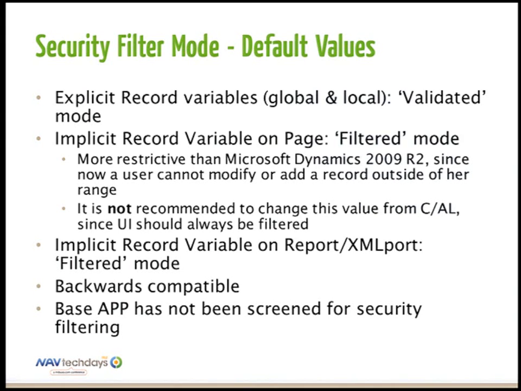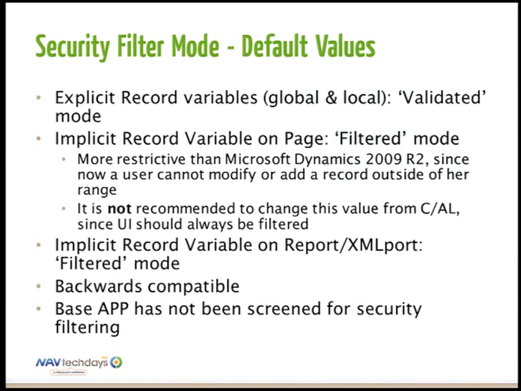I'll get back to queries in just a second. We've chosen these values for backwards compatibility. So your applications, after having been upgraded to 2013, should behave the same. One thing that we did, though, is there was a call before which was SetPermissionFilter.